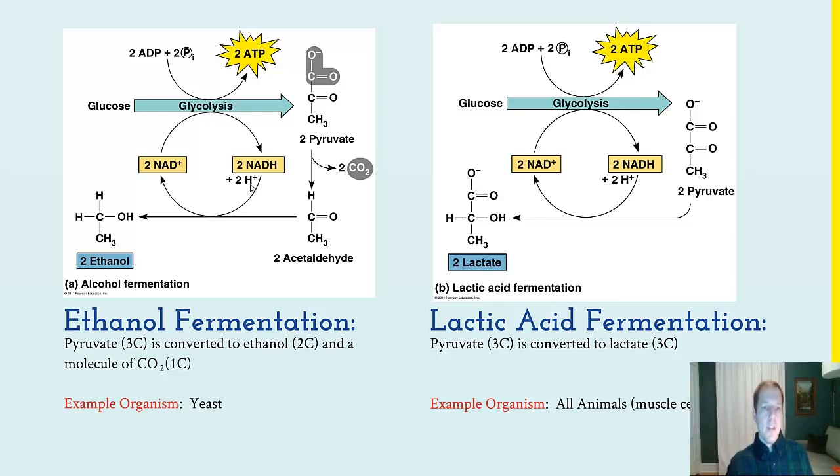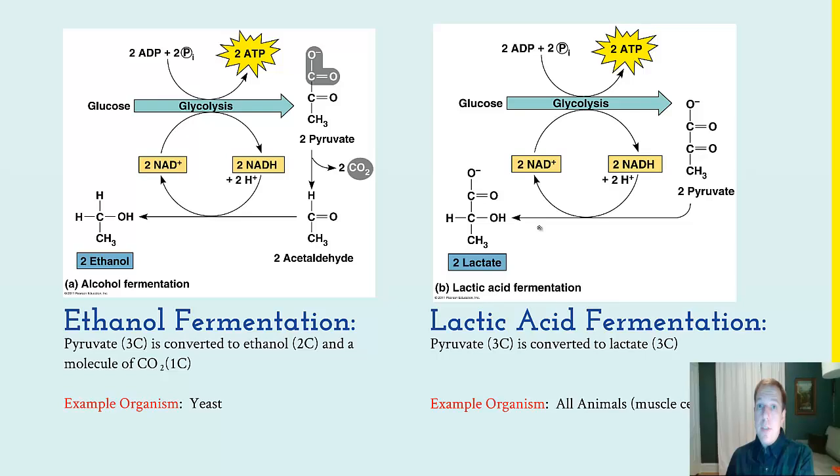In that process, electrons are going to be removed from the acetaldehyde and are going to be given back to NAD. And so in doing so, that's going to allow NAD to go back into glycolysis so that more molecules of glucose can be broken down.